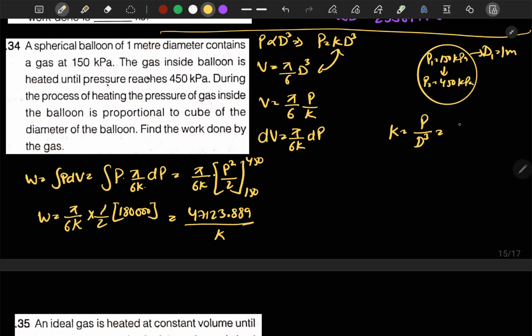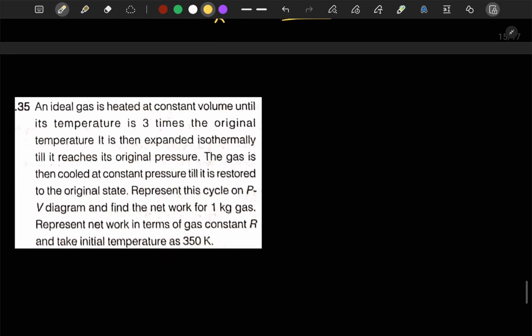We know that at 150 kilopascal, the diameter was 1 meter, so k is equal to 150. We can directly divide it by 150, and we will get the work done is equal to 314.16 kilojoule. Okay, so this is the solution for this question. I hope you get it.